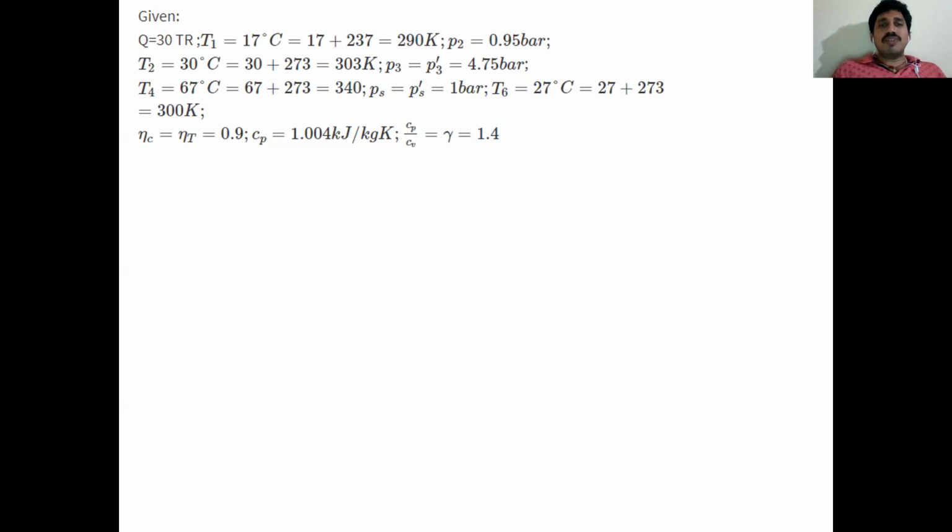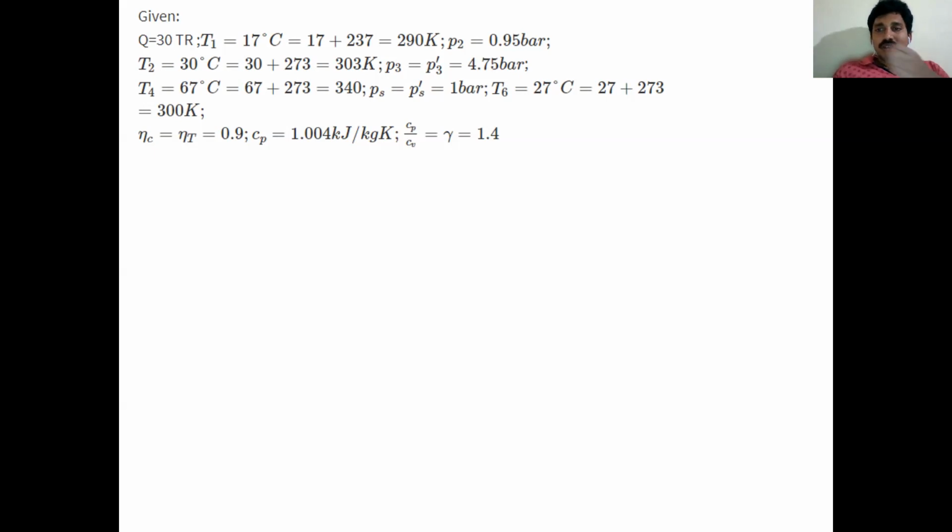P5 or P5 dash is equal to 1 bar. T6 is equal to 27 degrees Celsius or 300 Kelvin, the cabin temperature. Turbine and compressor efficiencies are 0.9, Cp is 1.004 kilojoules per kg Kelvin, and Cp by Cv or gamma is equal to 1.4. So this is the given data.